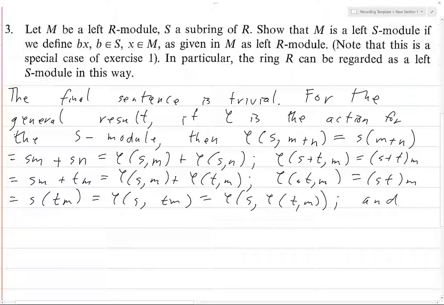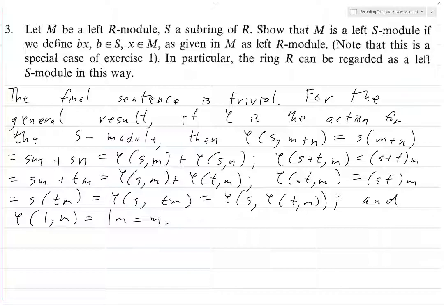Then lastly, we have the obvious one at the end. One times m equals m, and so there we go. So if M is a left R module, then M is a left S module as well, if we give it this multiplication.